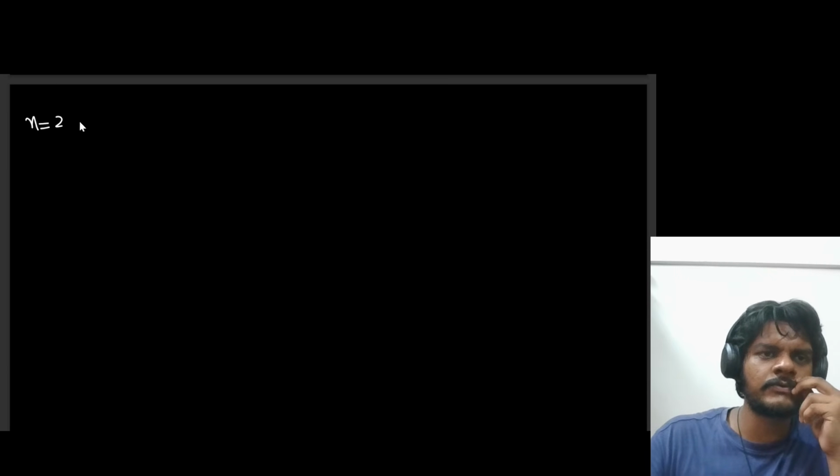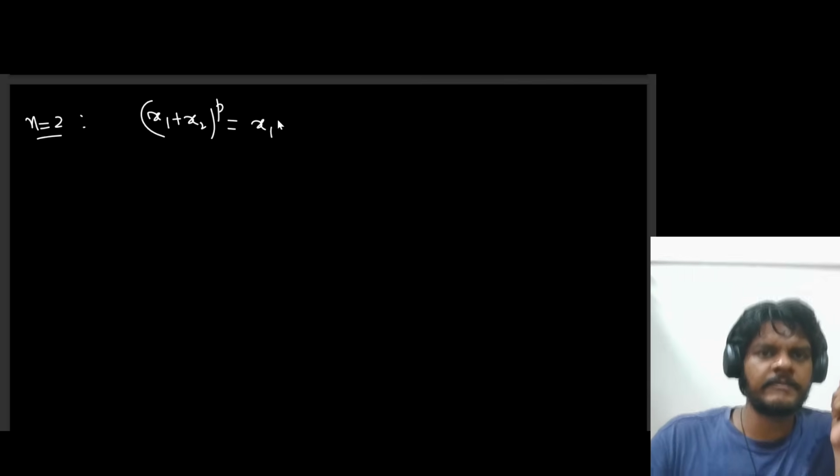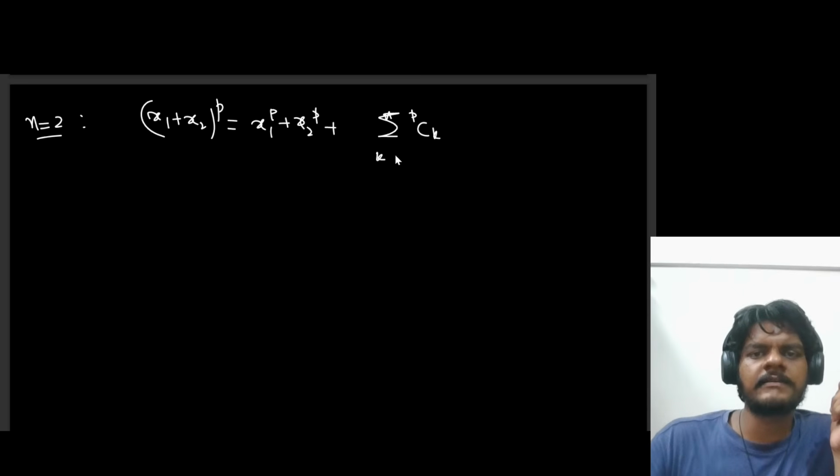So for n equal to 2, this is true. What happened is we have (x1 + x2)^p equal to x1^p + x2^p plus all those terms with pCk, k varying from 1 to p minus 1, x1^(p-k) into x2^k, right?